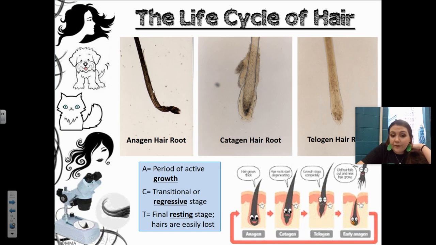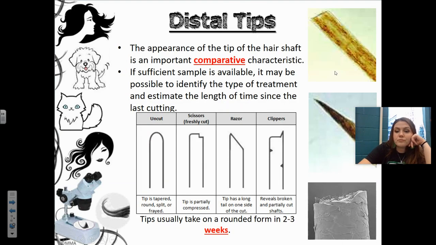Most of your hair is in the growing phase for us. And then this is when it's done growing, but not ready to fall out yet. And then the telogen hair phase is the final resting stage, and hairs are easily lost. When we get to this phase, it's really loose and you can just pull your fingers through your hair and it just falls right out. It's in the telogen stage.